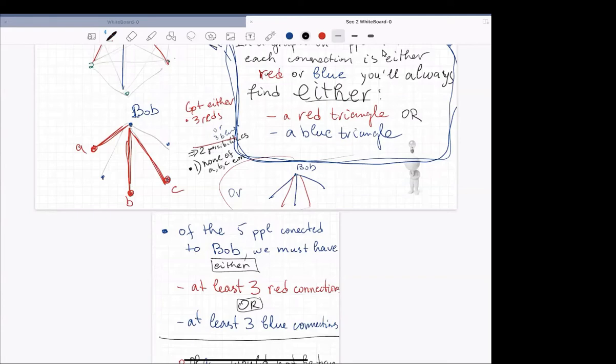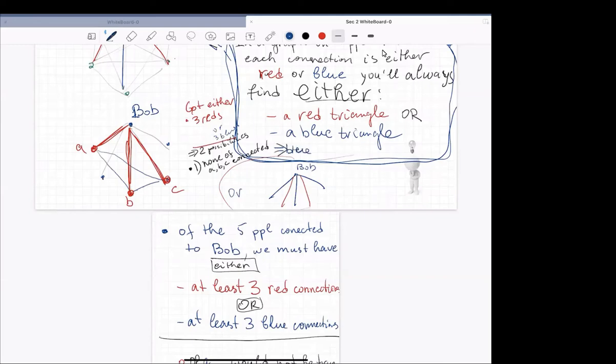So no pair is connected. Then what do I conclude if none of them is connected? So they're all blue, right? They don't know each other. If that's the case, I just found the blue triangle. People agree? Yes. Okay.